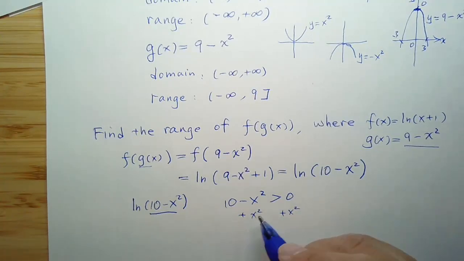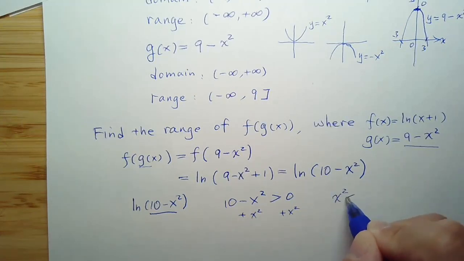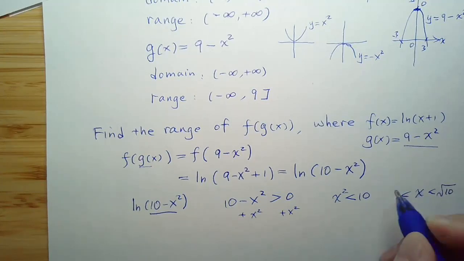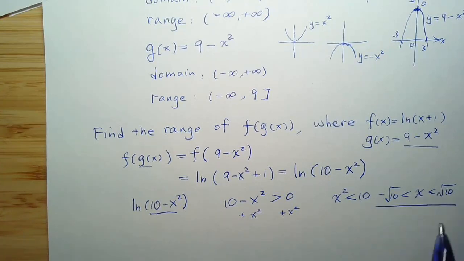Then you get x squared less than 10. Therefore, x will be less than square root of 10 and greater than negative square root of 10. So that's our domain.